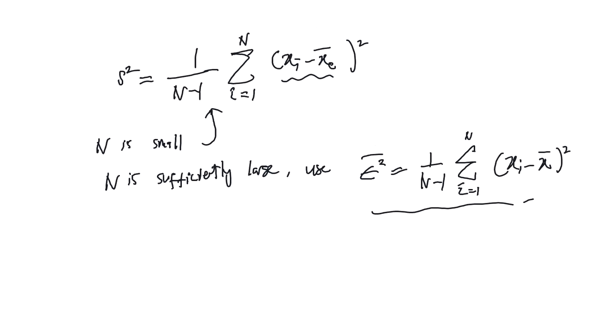The definition of variance is the average of deviation.